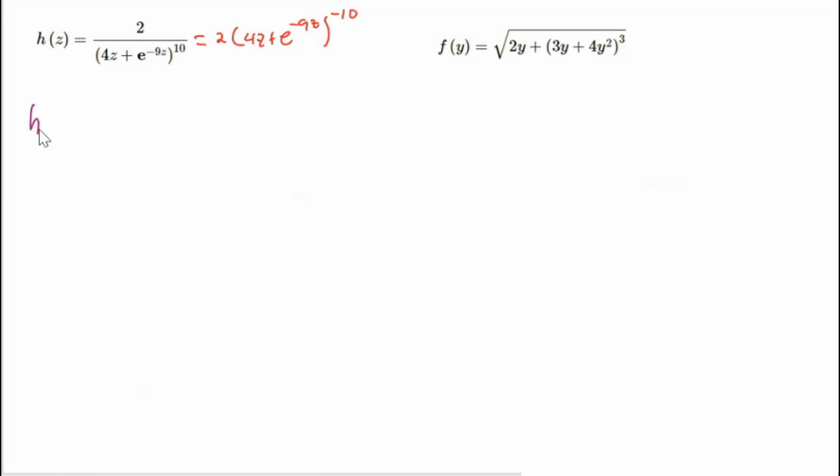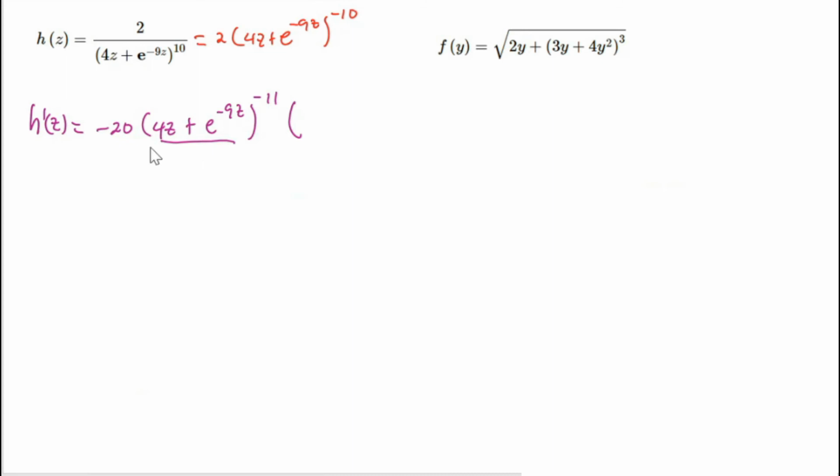So we can write now the derivative of this given function. We have 2 times negative 10 is negative 20 times copy the base, (4z + e^(-9z)) to the power of negative 11, because negative 10 minus 1 is negative 11, times the derivative of this base.